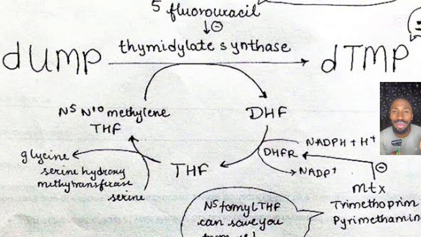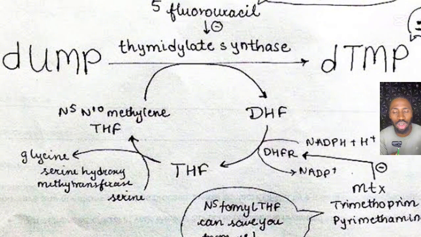This dTMP reaction is very, very important, especially in the utilization of folate, folic acid. Also, to destroy the DNA and prevent replication of bacteria and viruses, we must inhibit this process. Even cancerous cells, replication can be prevented, because if you form dTMP, you can form a DNA molecule.